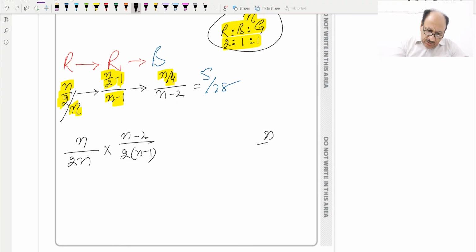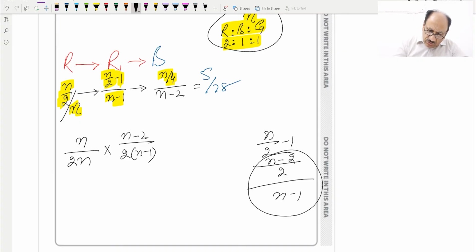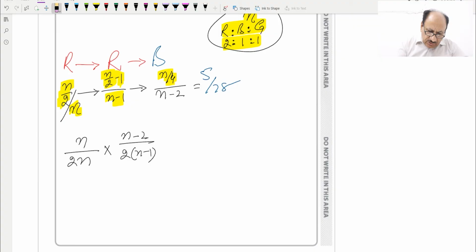If you don't understand, I will take the LCM, so it will be 2, this will be n minus 2, and the whole divided by n minus 1. So this is the term which I have written over here. Again, hopefully you understood this. If you are not understanding this, it means your fractions are weak, so you need to solve algebraic fractions.